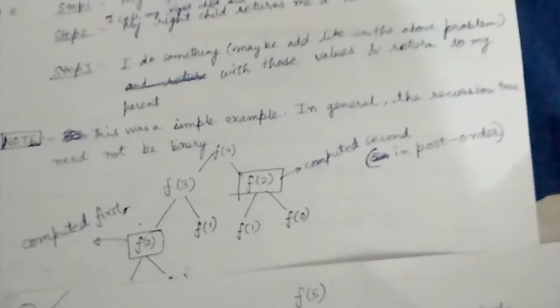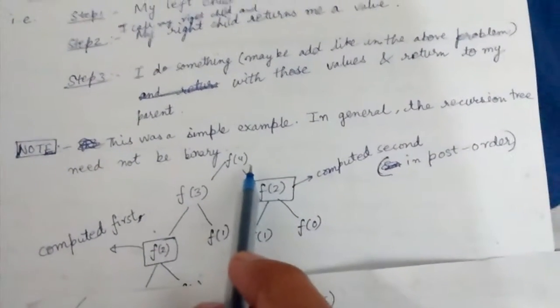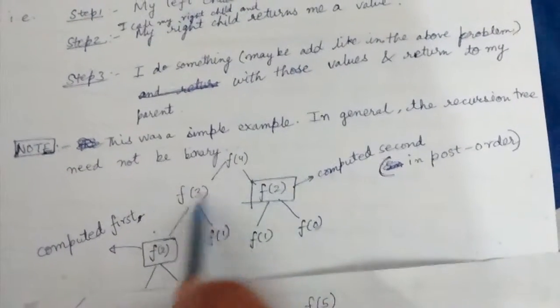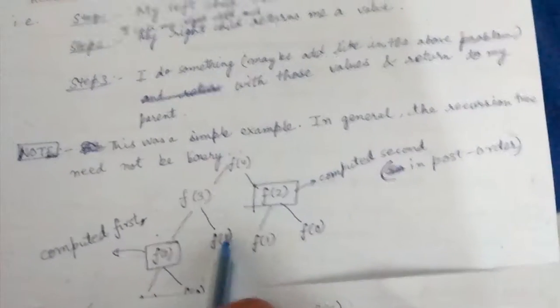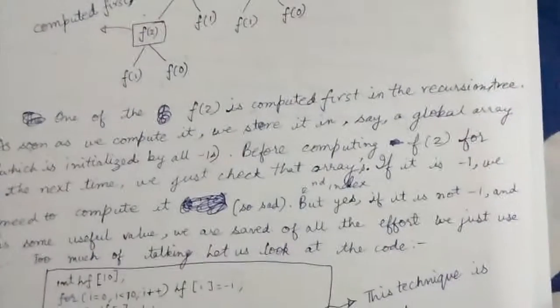This was quite a simple example. In general, the recursion may not be binary. This is the note: here there are only 2 children per parent, but there may be more children, 3-4 children also. So this is just a simple point.